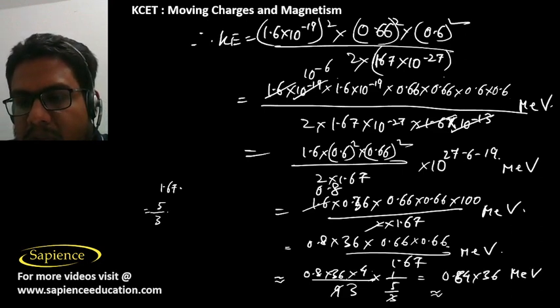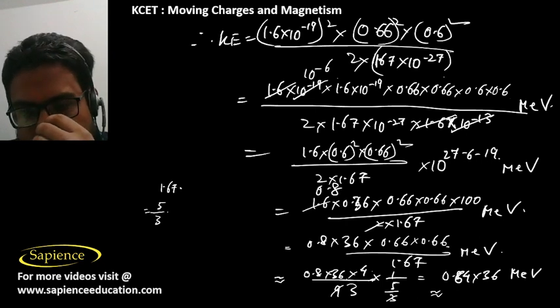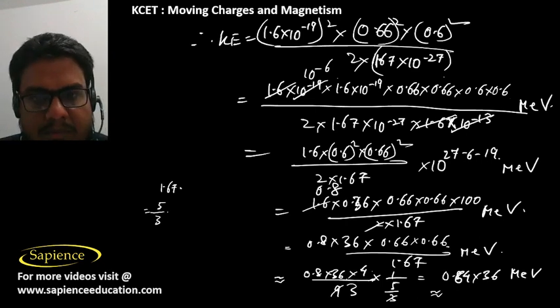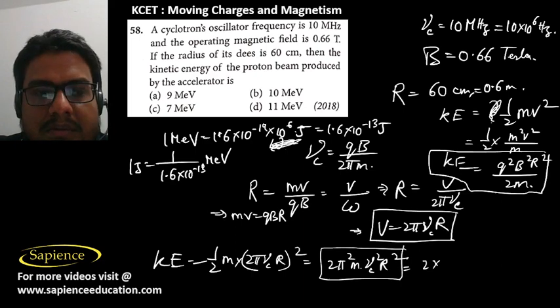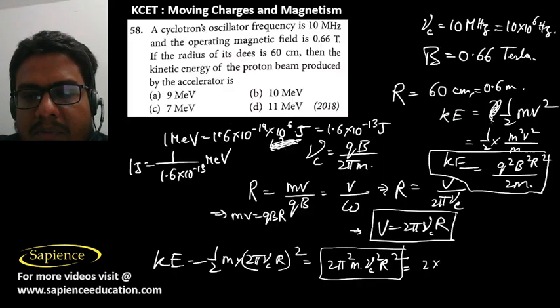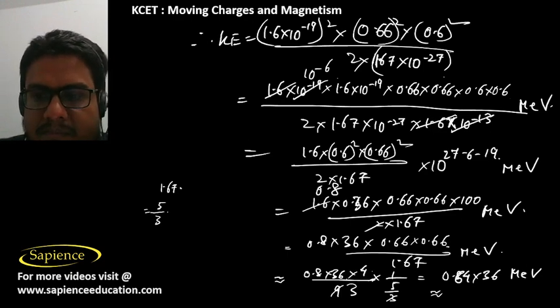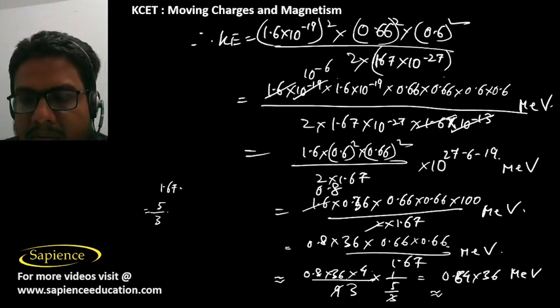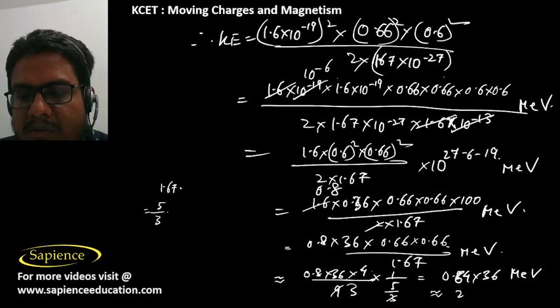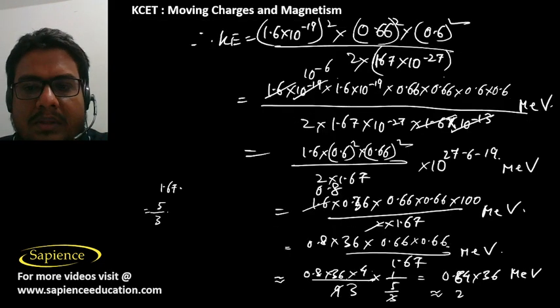So the answer is slightly less than 36. 6 threes are 18, 6 sixes are 36, so approximately 20.